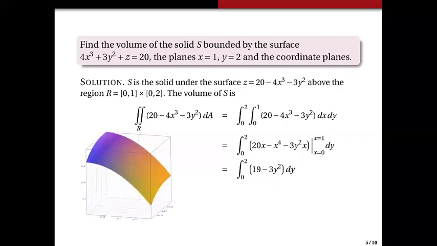Now we integrate this with respect to y from 0 to 2. We get 19y minus y cubed, since 3y cubed over 3 is y cubed. Finally, we evaluate from 0 to 2: 38 minus 8, which is equal to 30.